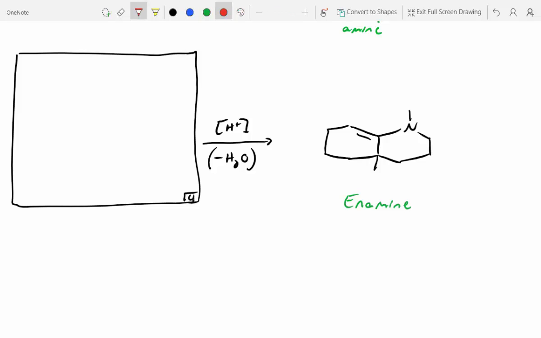Yeah, it must have been right here, right? So we're making a new nitrogen carbon bond in this position. So if we think about it, we know that there used to be a CO double bond where this red carbon used to be, right? We formed that double bond right here during the reaction.